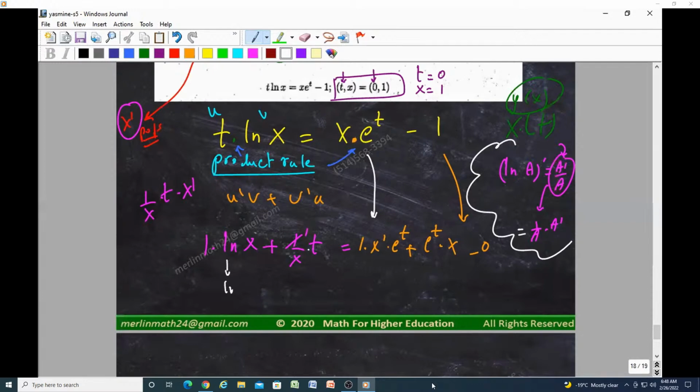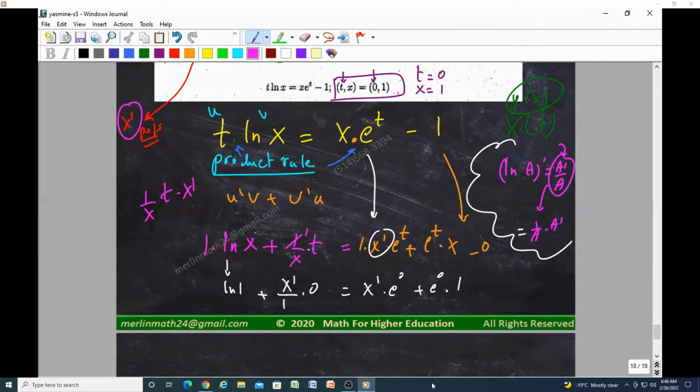So this would be ln 1. X prime has no value, we want to find it. X is 1, t is 0. Blindly, I am replacing. Be careful, x prime we don't know. E power 0 plus e power 0 times 1. Any question? Because I have students who make a mistake. Those are very weak students who put 1 prime for x prime.